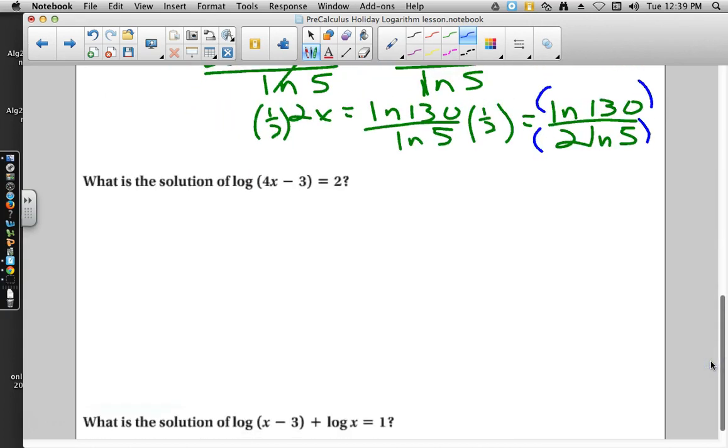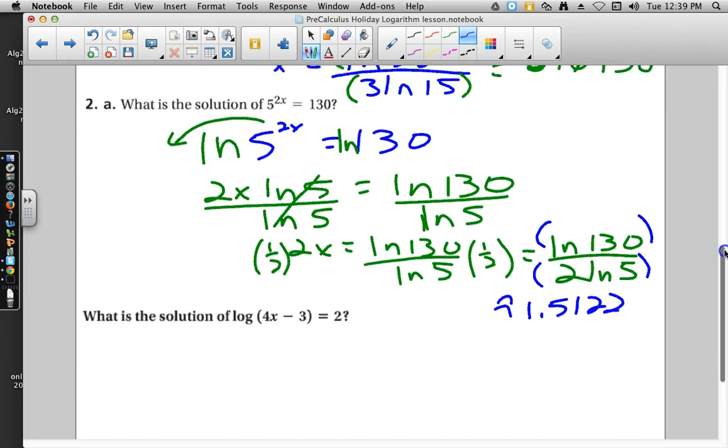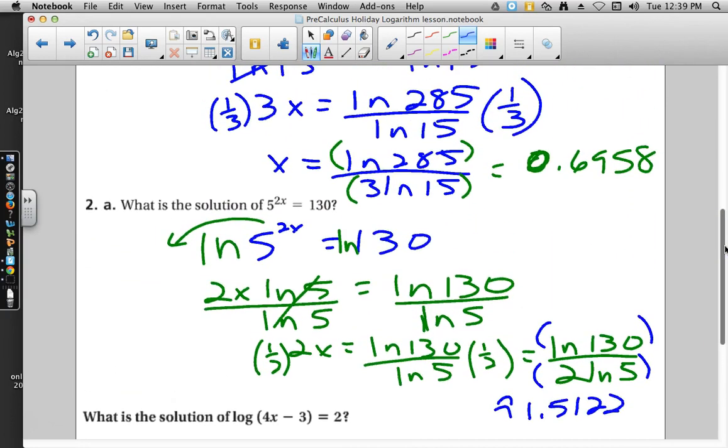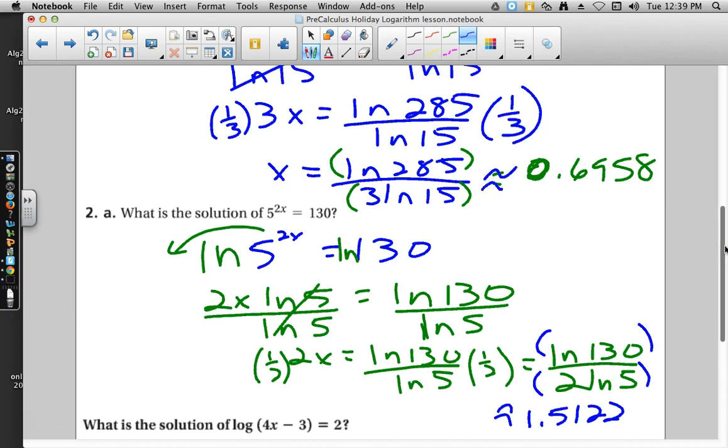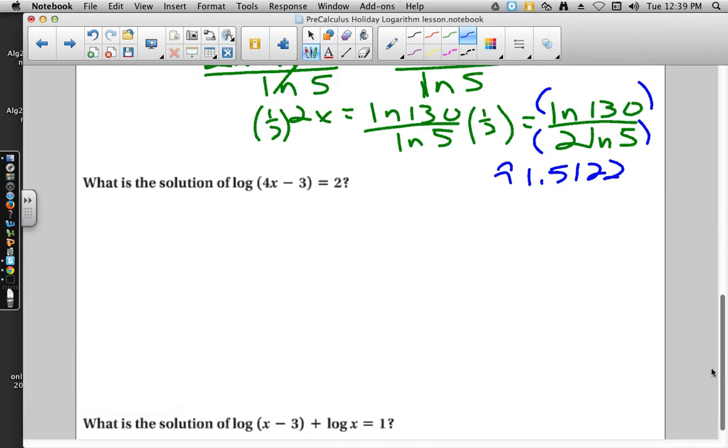Or you can punch it in as natural log of 130 divided by natural log of 5, and then divide by 2. And this is approximately 1.5122, which reminds me I should use approximately up here as well, because these were rounded answers that we gave here.